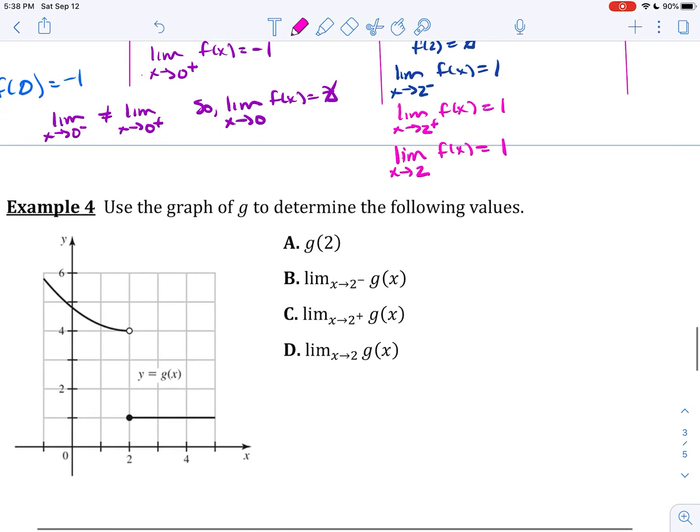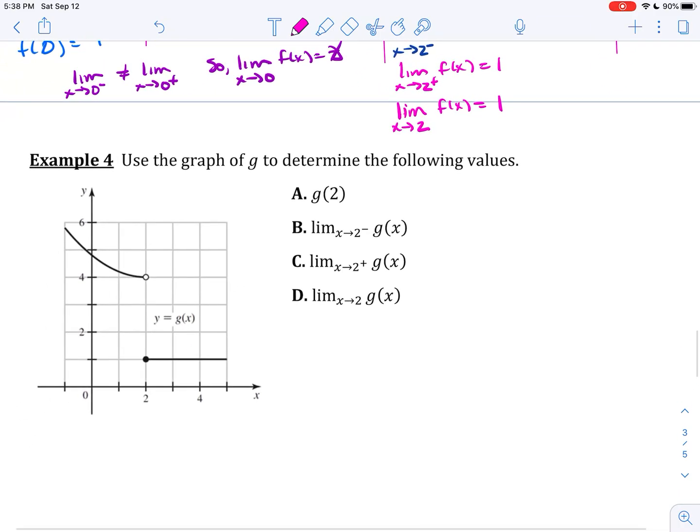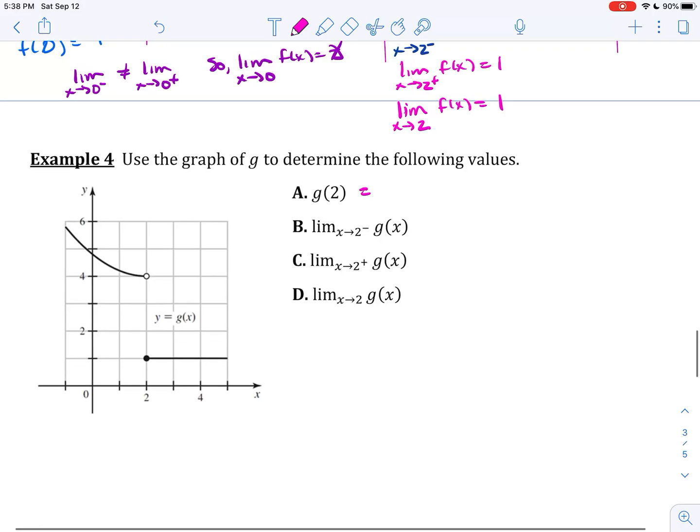Good. So let's take a look at some of these examples. Use the graph of g to determine the following values. So for g of 2, for x equal to 2 here, we see a solid dot output there, and looking at our graph, this is going to equal 1. The limit as x approaches 2 from the left, we're looking at output values from the left, and we see that our output here is going to equal 4. We see the limit as x approaches 2 from the right.